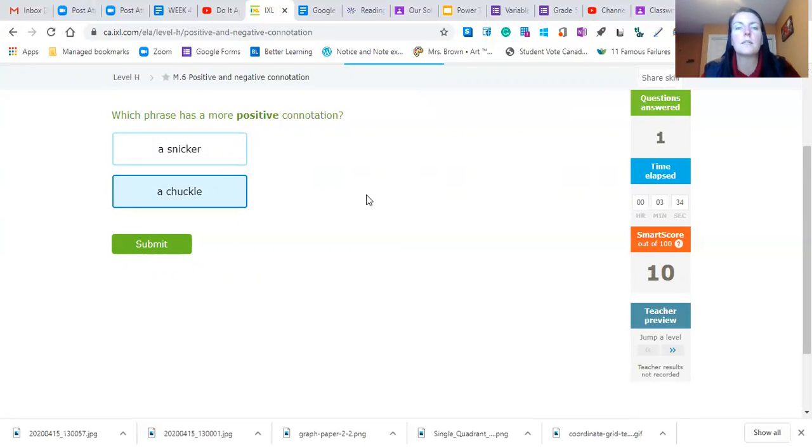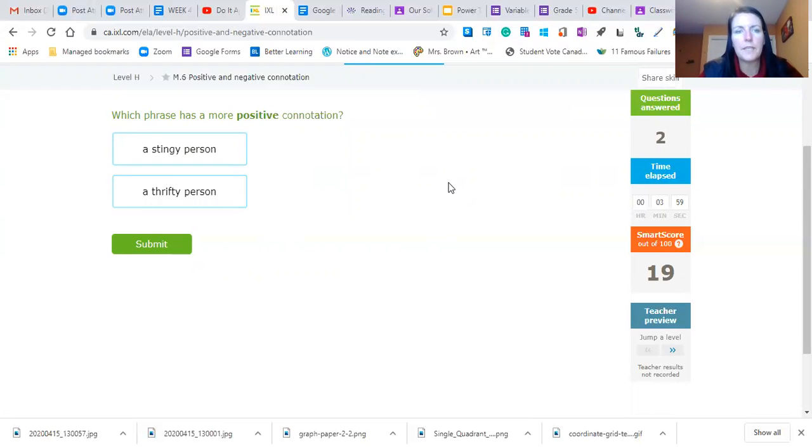If somebody were to chuckle, that would create the picture of a much more pleasant environment than if somebody snickered. Then you'd think, ooh, that tells me a lot more about that character, about the situation, maybe the relationship that person has with whoever they're snickering at or about. These words are fantastic. I love them, and use them in your writing.